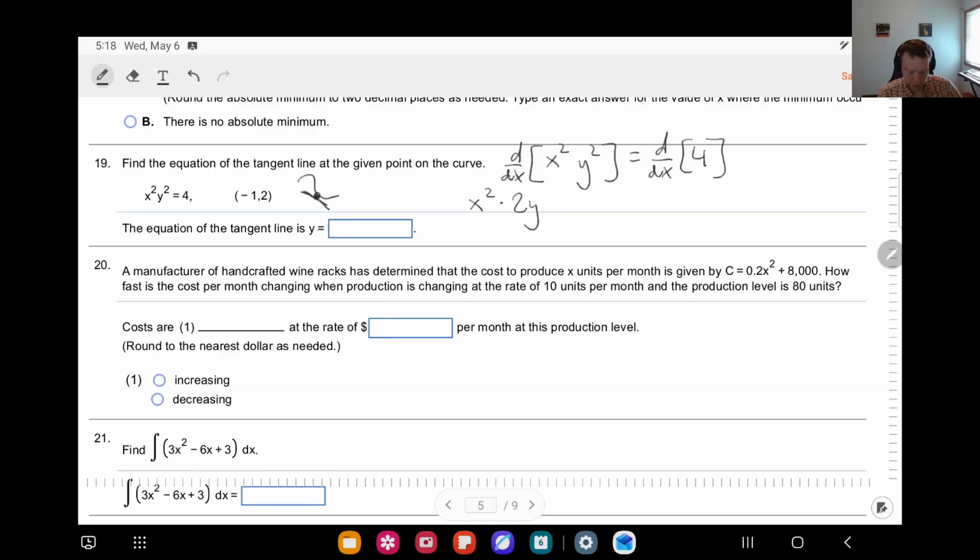You take the derivative like normal, 2y, but then because this is a y and not an x, you have to multiply by dy dx. Really, that's chain rule. It's like I'm multiplying by the derivative of y, that is the inside function.